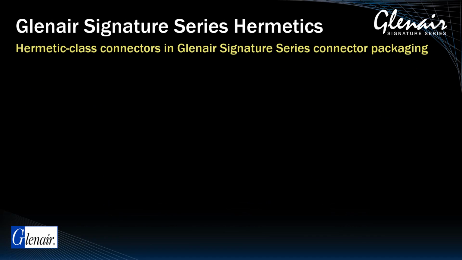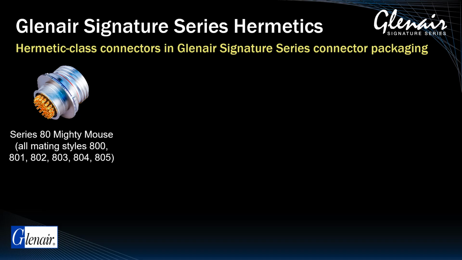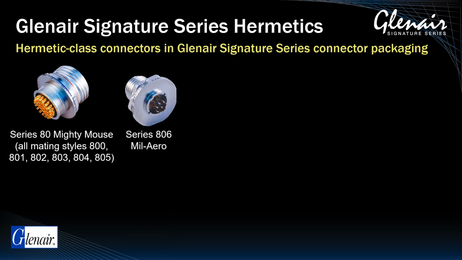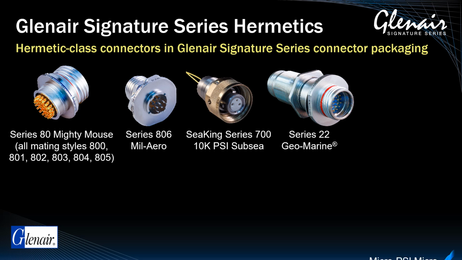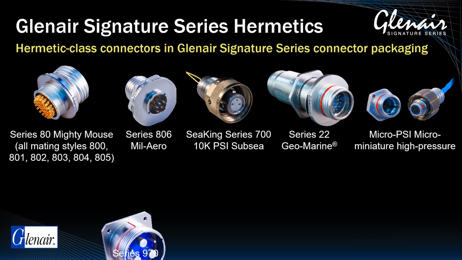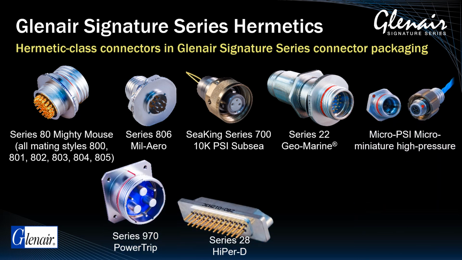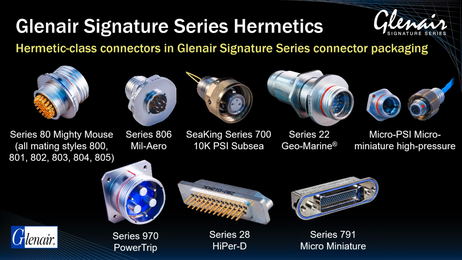We offer both glass-to-metal and encapsulant-to-metal seal hermetics in all our signature series connectors. These are the many small form factor and specialized harsh environment connectors developed by Glenair to meet specific customer requirements not addressed in MIL-series connectors.